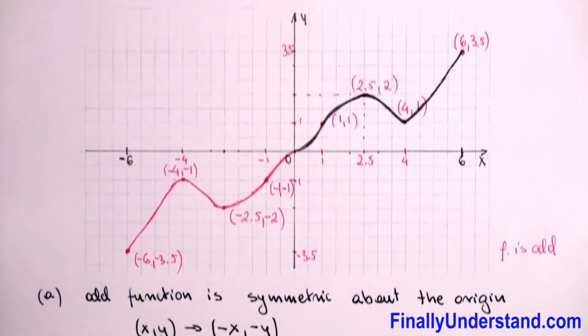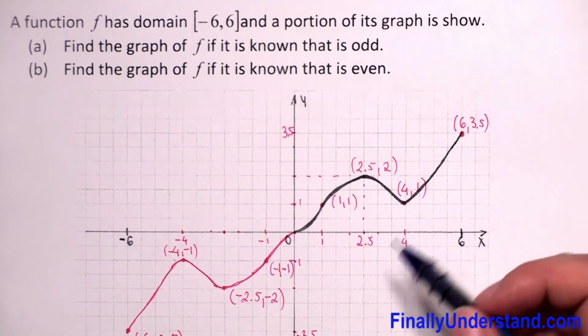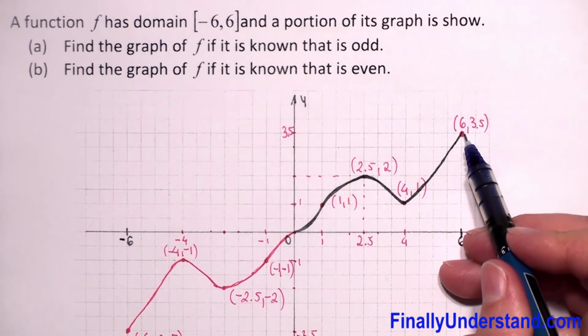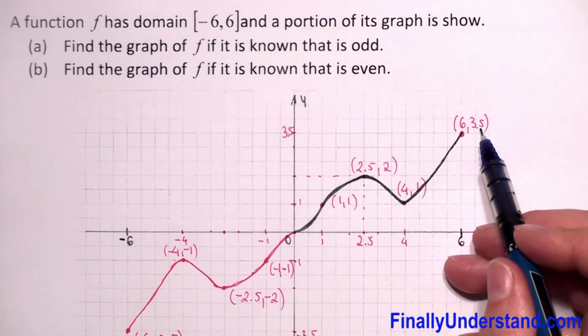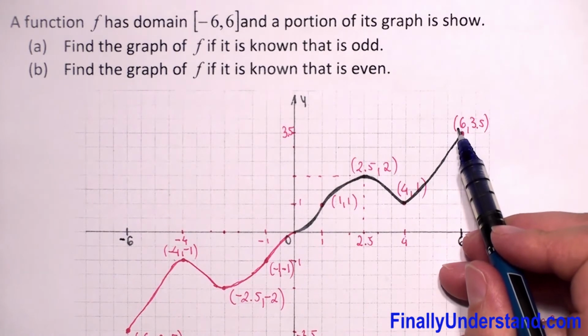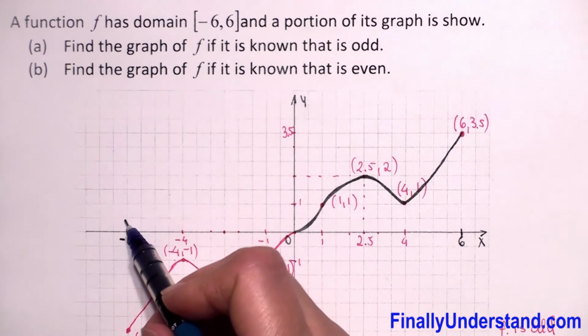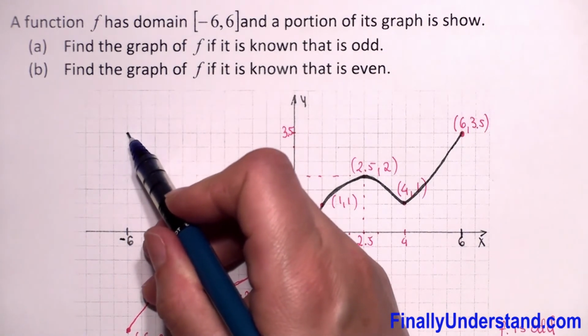So let us go to our graph. So we have point 6 and 3.5. The first coordinate changes to opposite, so it will be -6, and the second, y, stays the same.